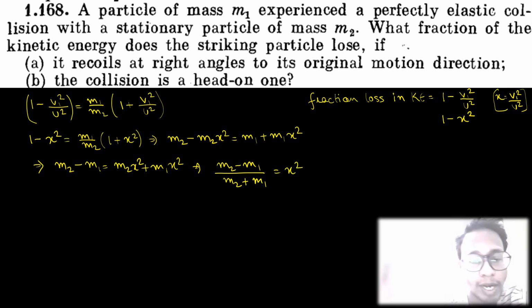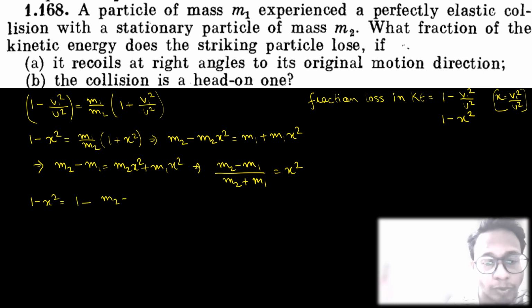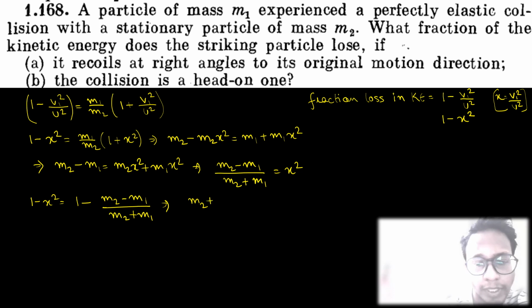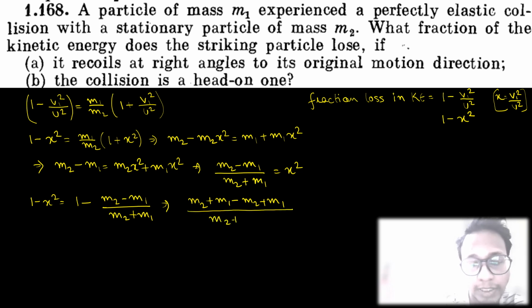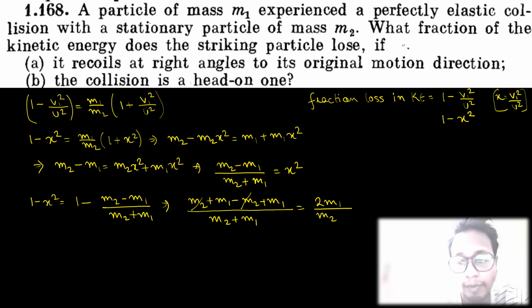And 1 minus x square is 1 minus (m2 minus m1) divided by (m2 plus m1), or (m2 plus m1 minus m2 plus m1) divided by m2 plus m1. So m2 and m2 get cancelled, giving 2 m1 by m2 plus m1. This is the fractional loss in kinetic energy of the first particle.